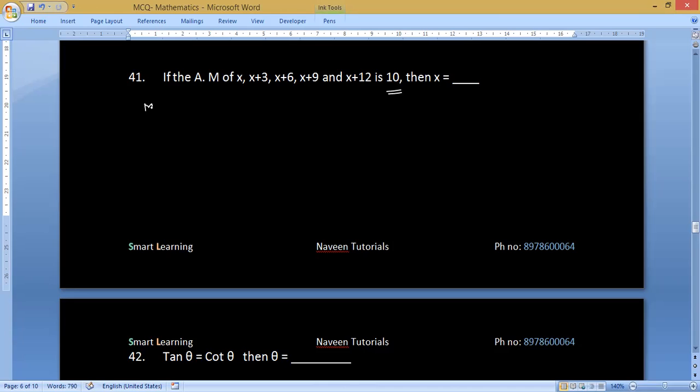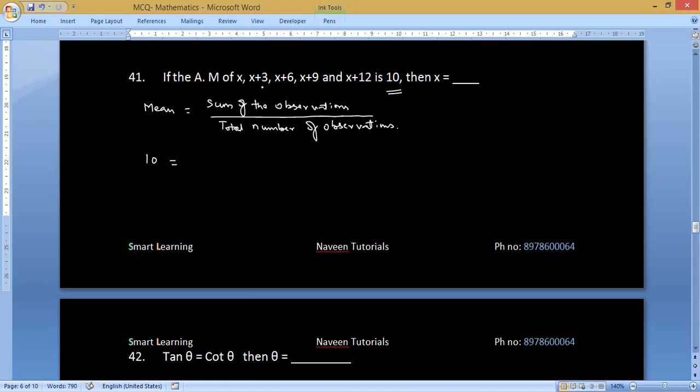So we know the formula: mean is equal to sum of the observations by total number of observations. So mean is already given in the question.